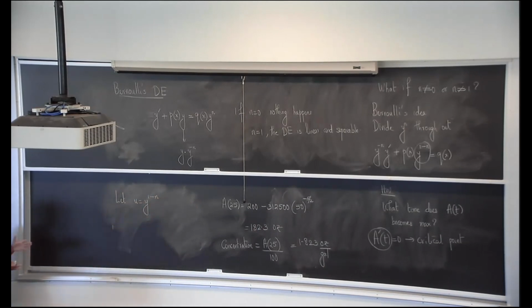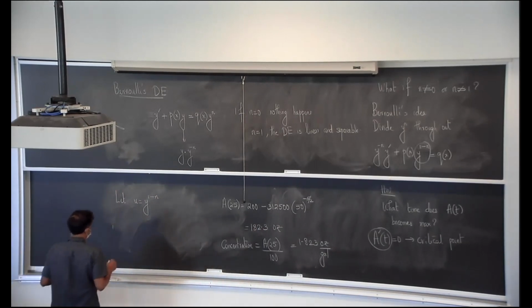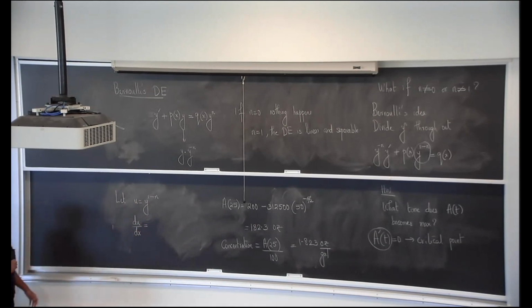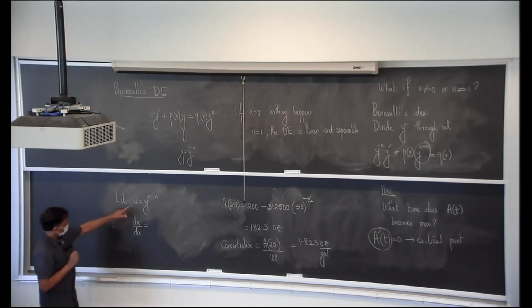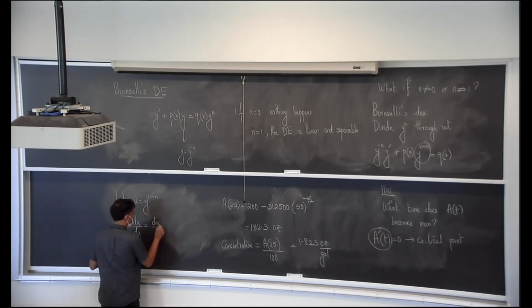We are going to convert this differential equation into something in terms of u instead of in terms of y. So let's try to find what du dx would be. Remember that u is a function of y, which is a function of x. So when you say du dx, you are doing chain rule, du dy times dy dx.